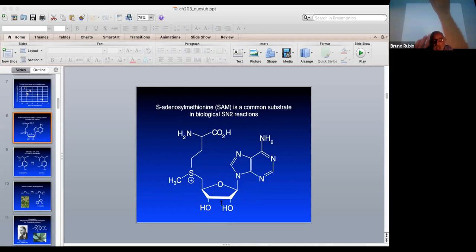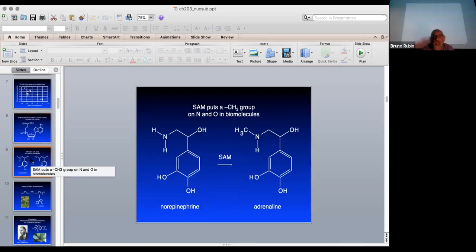But all of this is leaving group, and the nucleophile is going to attack this methyl carbon. It's primary.